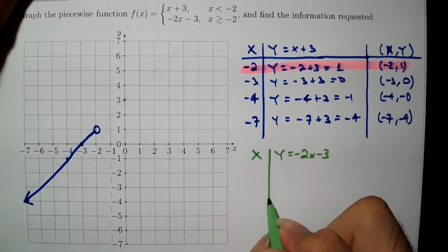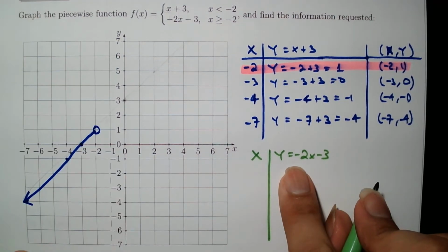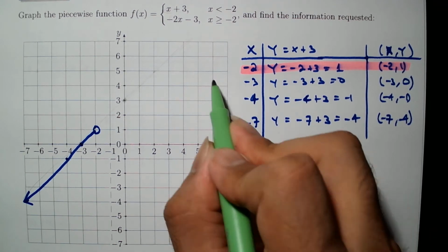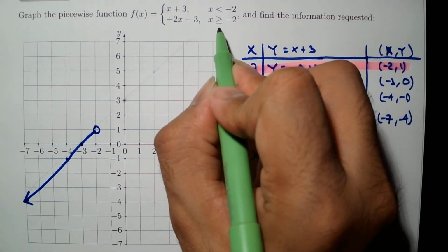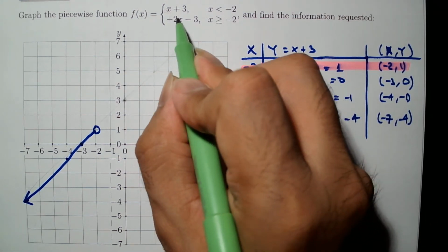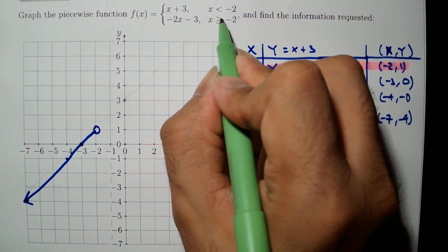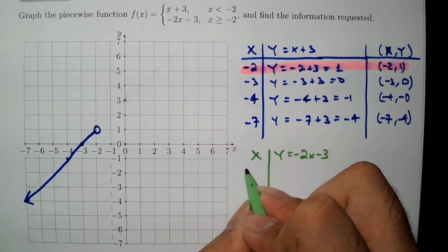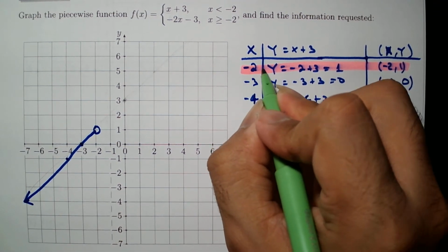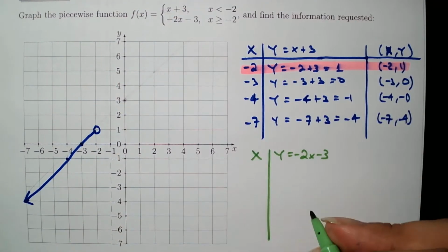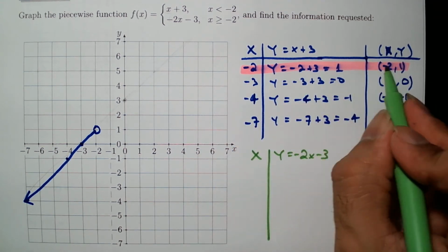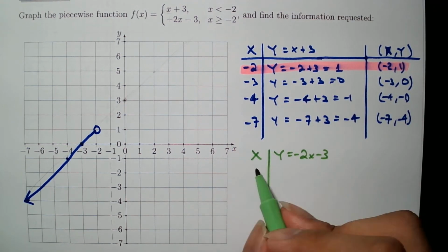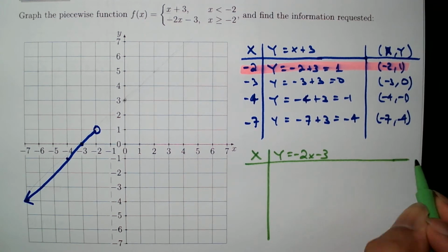If we look at the condition, the x values we can plug into this part of the function are all values that are greater than or equal to -2. So notice I'm plugging -2 into both of the pieces, but in one case it's excluded. In the other case, it will be included.